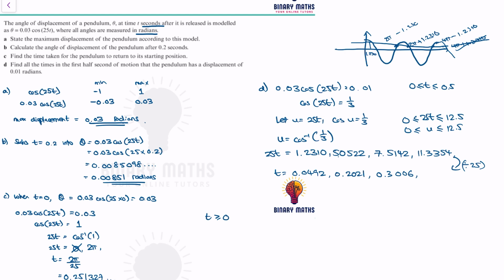And the last one, 11.3354 divided by 25 gives me 0.4534. These are all in seconds, so I should say seconds, seconds, seconds, and seconds.